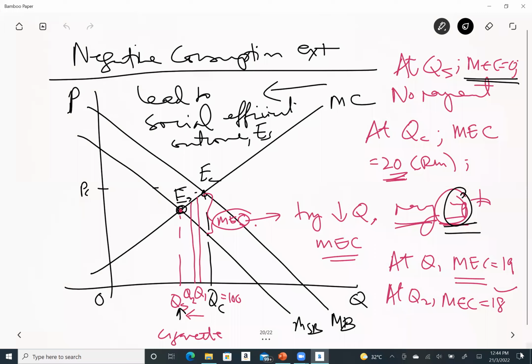If you have the right to clean air, where do we start? Or if you start at ES, then there is no bargaining. You are already at equilibrium. This ES here is the final outcome.